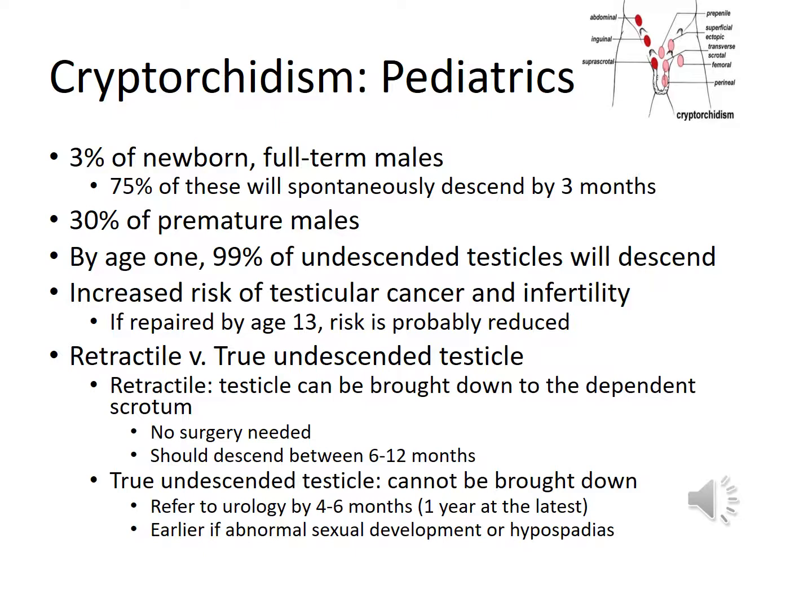No surgery is needed for a retractile testicle, and they usually descend between 6 to 12 months of age. A true undescended testicle cannot be brought down, and a urology referral needs to occur by 4 to 6 months, 1 year at the absolute latest, and earlier if there's any abnormal sexual development or hypospadias.